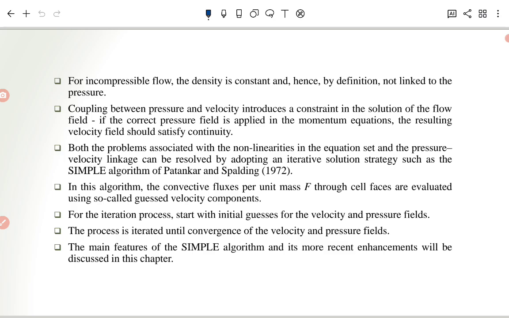And another thing, for incompressible flow, the density is constant, so by definition it is not linked to pressure.